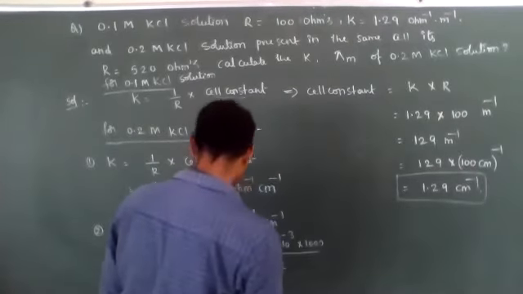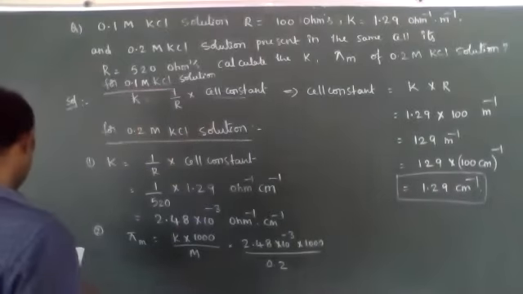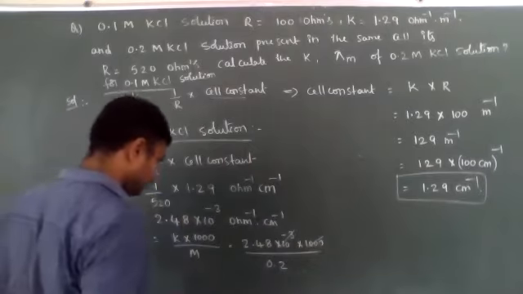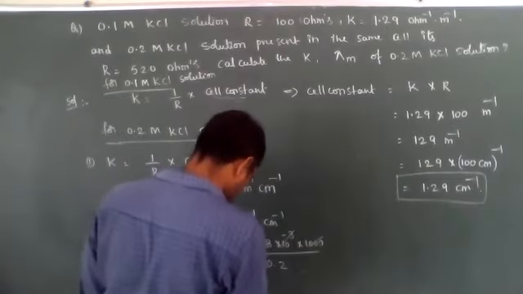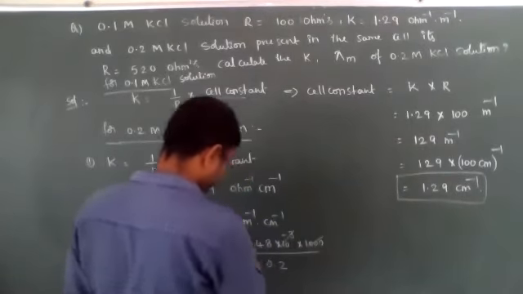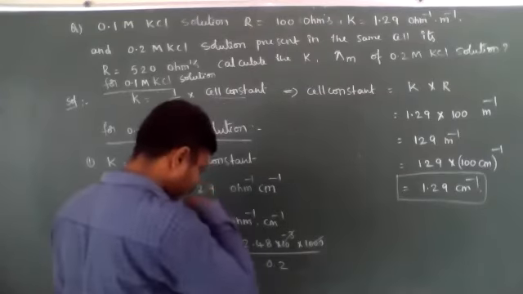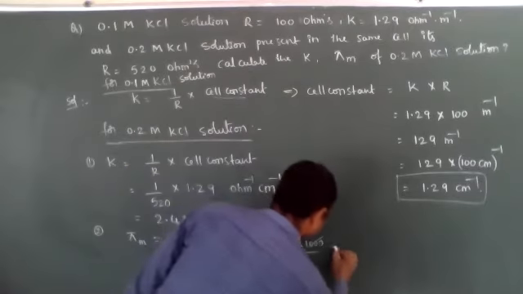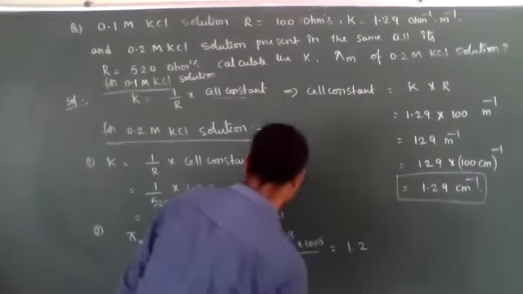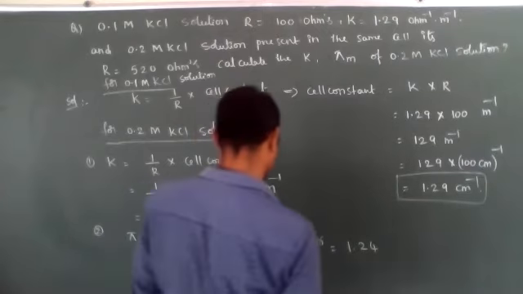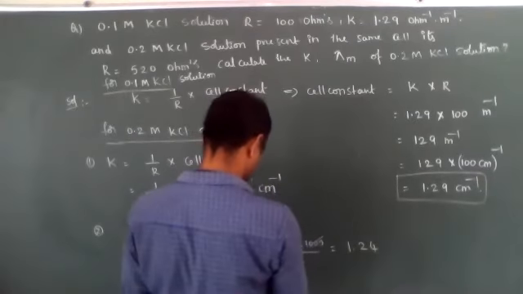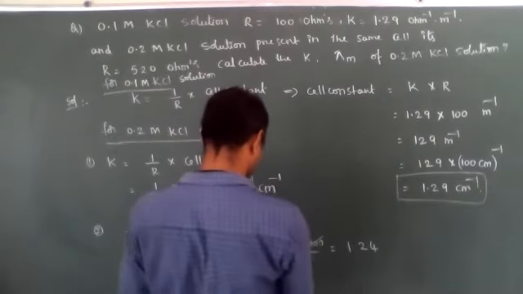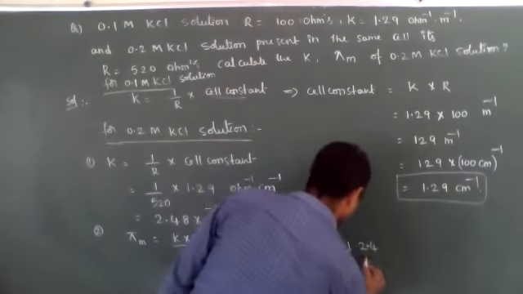So you simplify that. It will cancel both zeros. The 1000, 10 to the power of 3 will cancel. Then the value is how much? 2.48 by 0.2, which is 12.4.